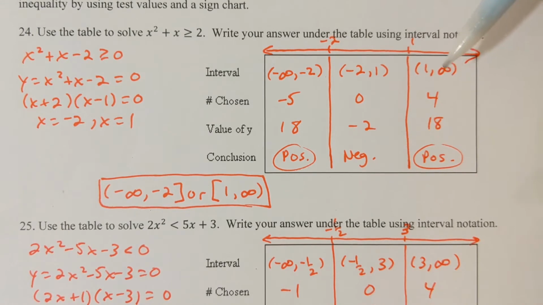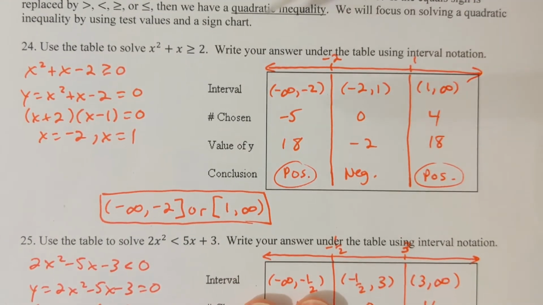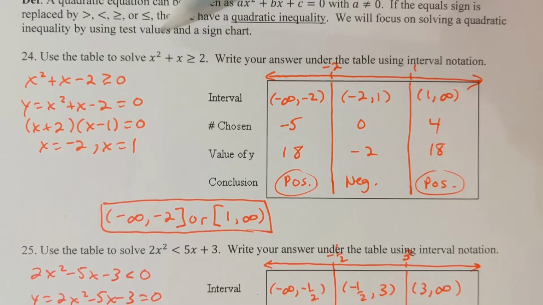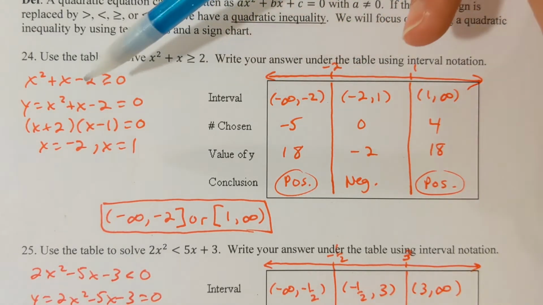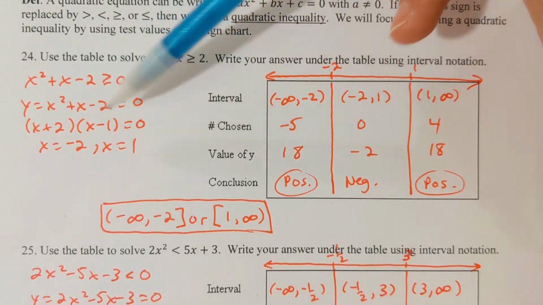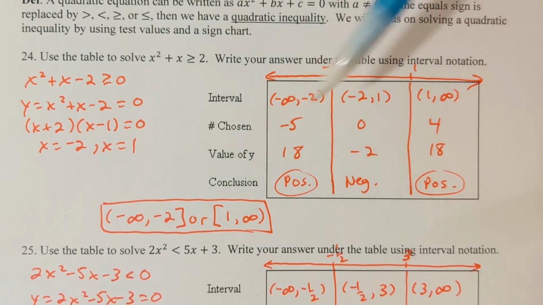Okay. But at this point, once we have our intervals formed, we're going to select some test values here. I'm going to choose any number I want in each one of these 3 groups. And then I'm going to plug that number in for x to find a corresponding value of y. So in the first group here, I need to pick a number. It can be any number I want, it just has to be less than negative 2.